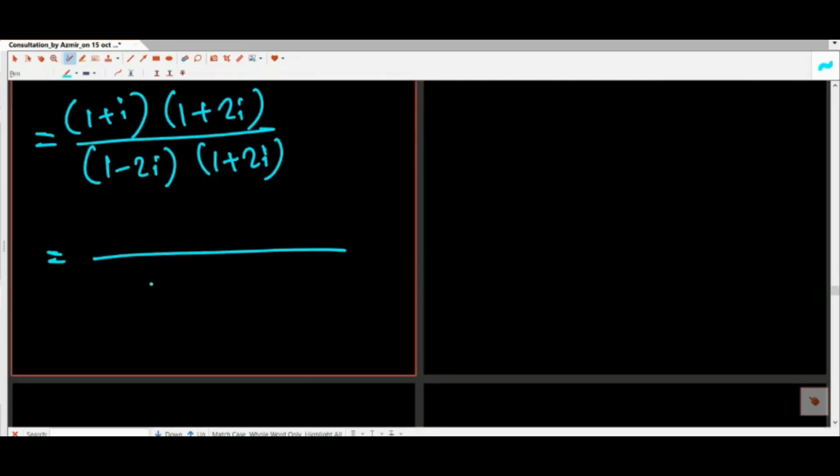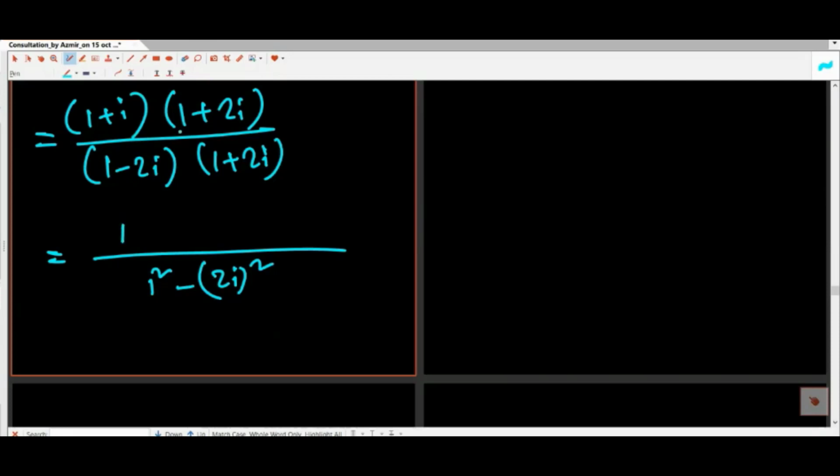So 1 minus 2i, 1 plus 2i. It is just like a plus b into a minus b. That is a squared minus b squared. Okay. So a plus b, a minus b, a squared minus b squared.